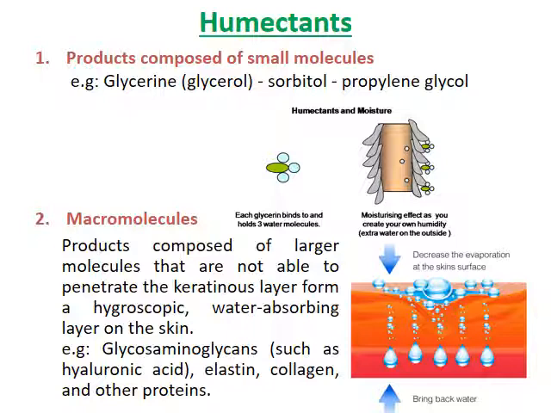Instead, they form a hygroscopic layer onto the surface of the skin. This hygroscopic layer acts as a water-absorbing layer, or as a magnet for water, to absorb water either from the surrounding environment or from the deep skin tissues if we are in dry, non-humid conditions.